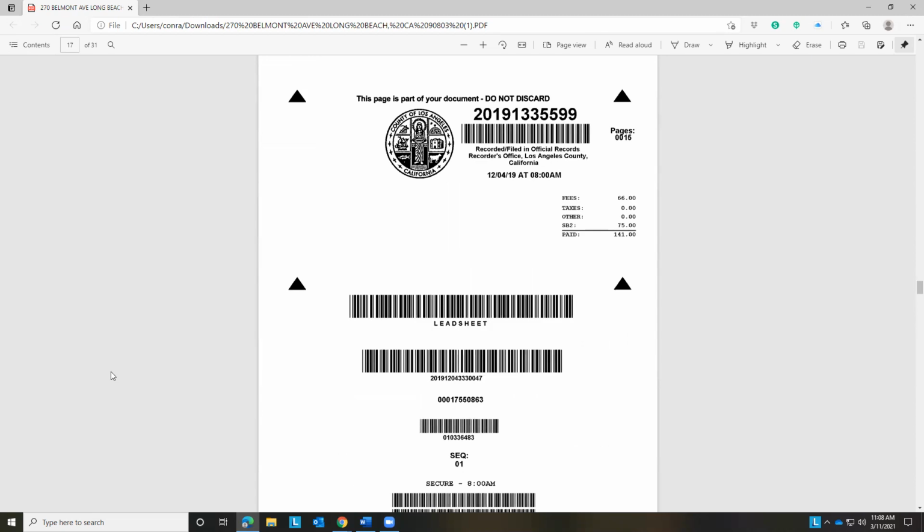Because I have it all the time where sellers don't even realize that they have their property in a trust. And we've done all of the documents, and then all of a sudden we're in escrow, and then they're like, oh, actually it's in a trust. And guess what? We need an extra signature.